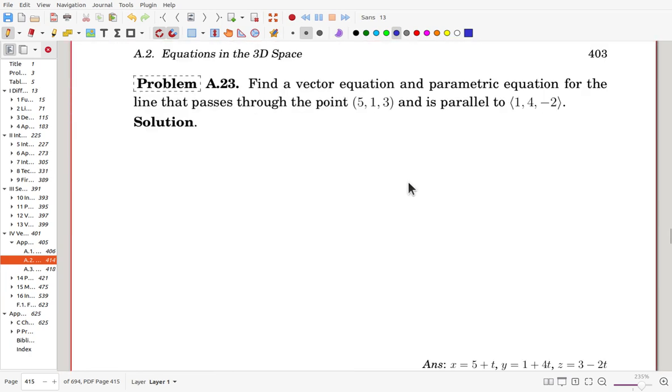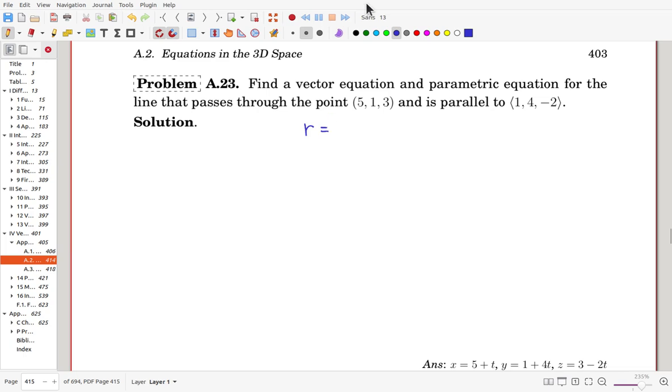Find a vector equation and parametric equation for the line that passes through the point 5, 1, 3 and is parallel to the vector 1, 4, minus 2. The vector equation can be written in this way.